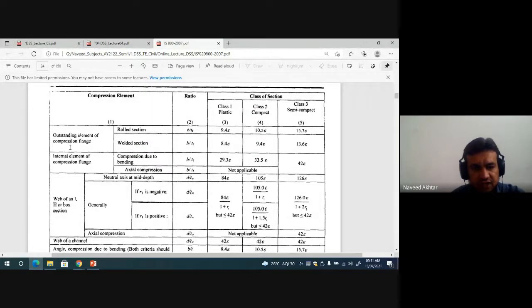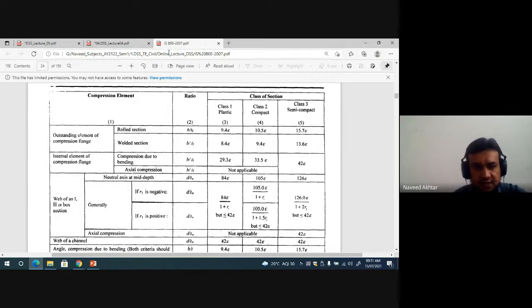If your section is a rolled steel section, then for the outstanding limb in compression, the ratio of b by tf should not be more than 9.4 epsilon, should be less than 9.4 epsilon. What is epsilon?